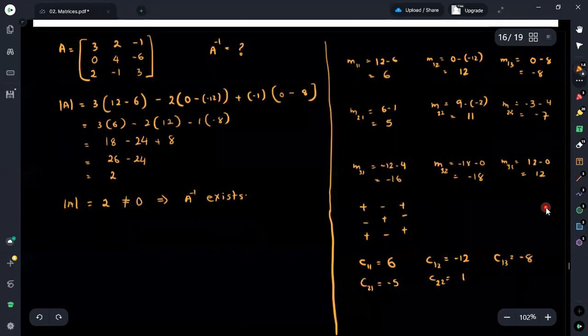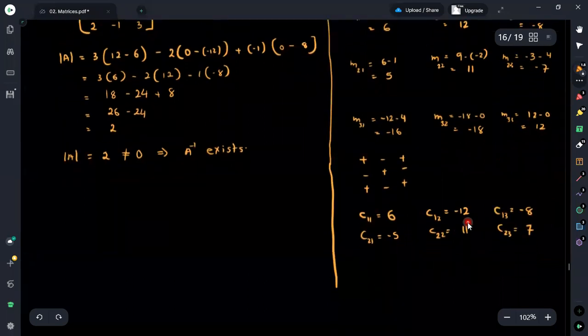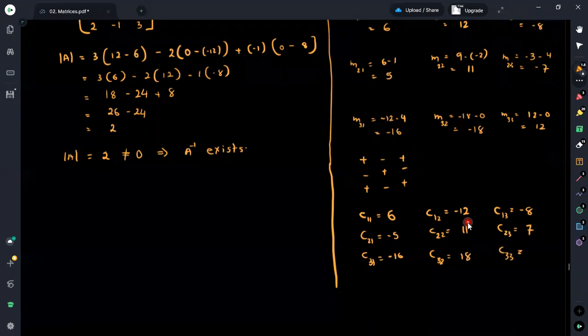C22 plus times 11. C23 minus times minus 7 becomes plus 7. Then C31 is plus times minus 16. C32 minus times minus, it is plus 18. C33 itself equals plus times plus 2, then it equals plus 2.